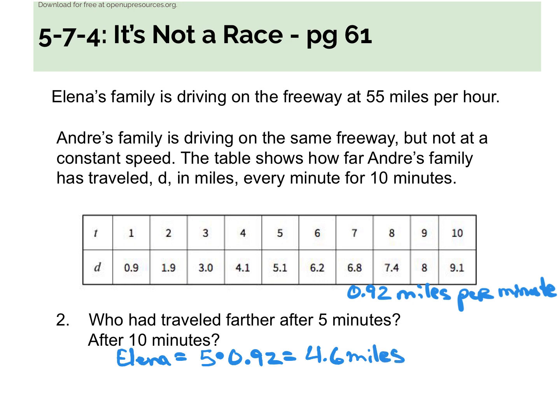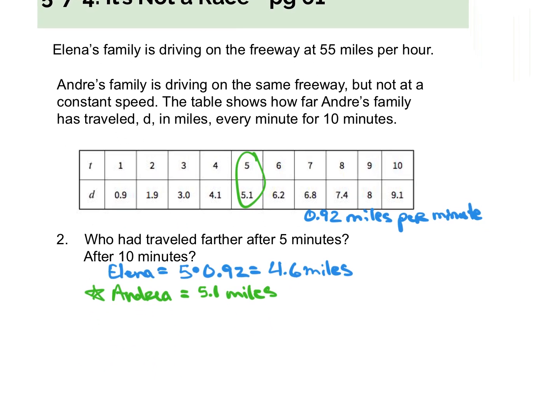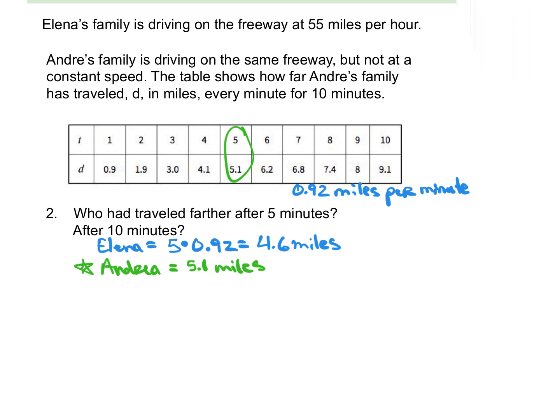Then let's look at Andre. Andre was the table, right? So if we look at our table, and we have it as 5 minutes. So Andre is 5.1 miles. So who's the farthest? This is the 5 minute. It is Andre. Okay. Now let's look at the 10 minutes. So this is 5 minutes.